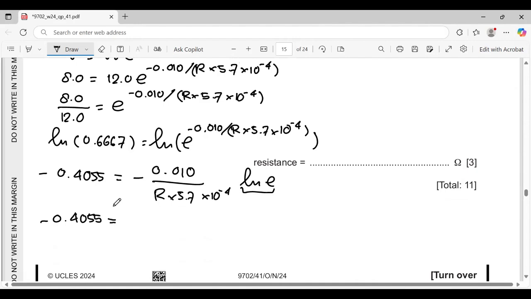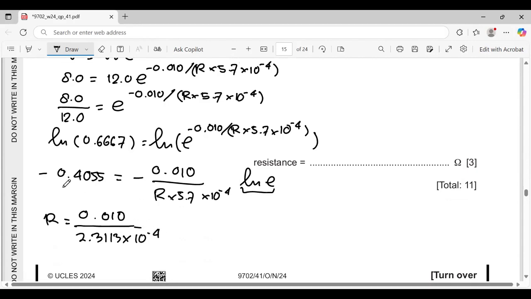Wait, I change so that R is the subject, so negative and negative becomes positive. So 0.010 over 2.3113 times 10 to the power minus 4.